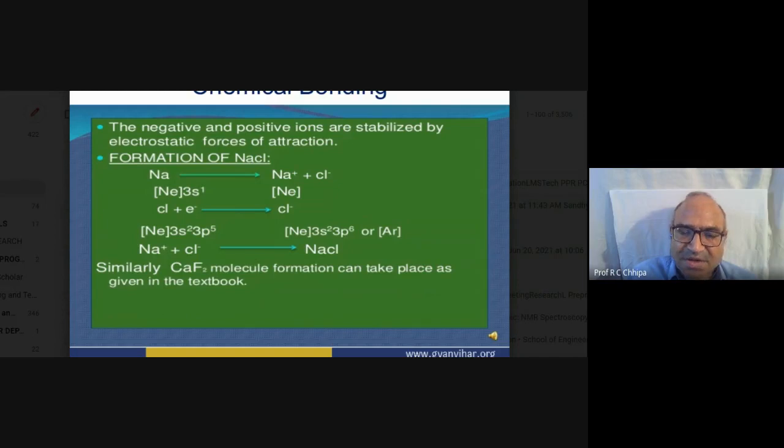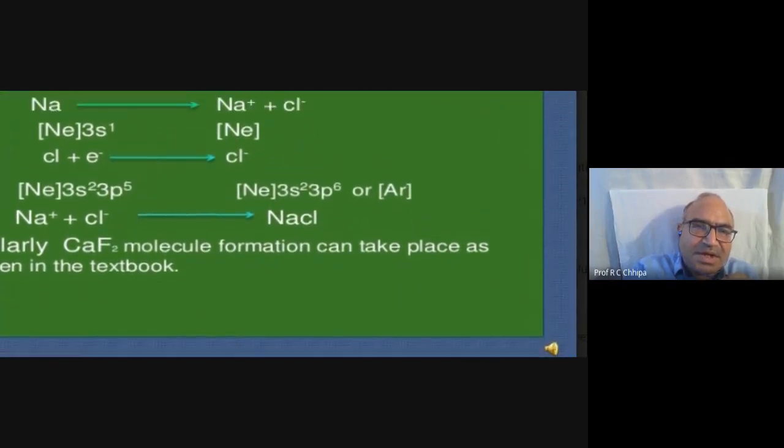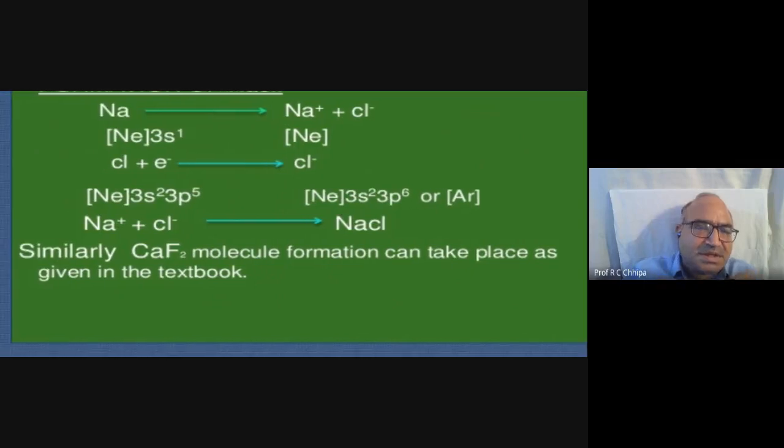Similarly, in the case of chlorine, the atomic number is 17. The electronic configuration is the neon configuration, then 3s2, 3p5. So the outer shell electrons in chlorine are 3s2 3p5, therefore seven electrons in chlorine, and in the chlorine anion, this is called the chloride ion.